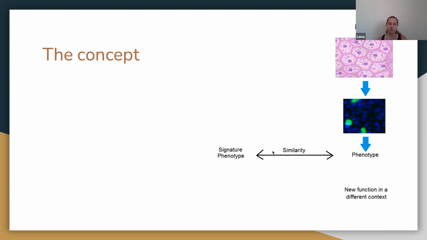Then we search for a similar phenotype, which is the signature phenotype of a known gene. And this information is found in gene ontology notations. And this is done by a classification method. And then we apply the new function on the original gene and hypothesize that this would be its new function in the new context.